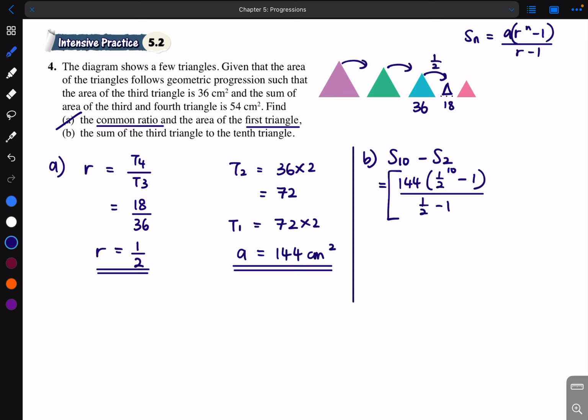This is S10. We must minus this with S2. S2 actually you can use the formula, or you can also do 144 plus 72. Because this is the first triangle's area, second triangle's area, S2 is just the sum of these two lah. So we can say 144 plus 72.